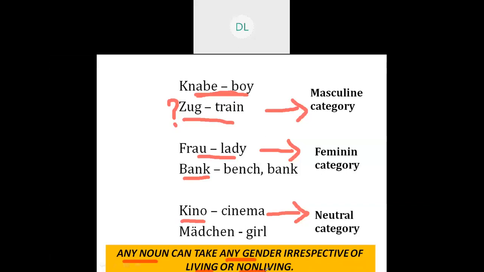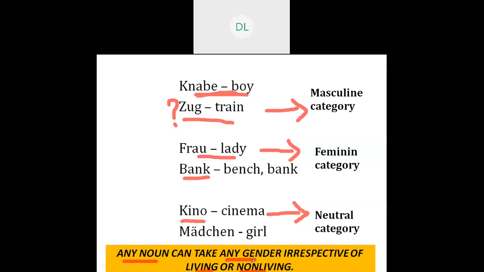Please be very careful. What I am teaching you is the gender and the article system in German. In English, it is pretty simple, a living and non-living rule. But does this living and non-living rule apply in German? No. What is the rule in German? The bottom one, any noun can take up any gender.